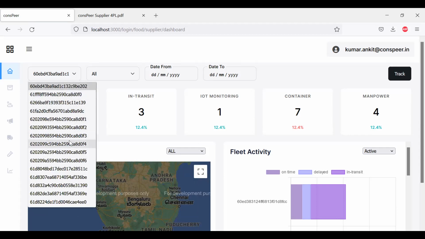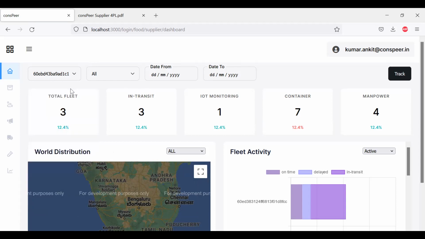They are either vehicles, IoT devices, containers, manpower, fleets. IDs are either fleet, IoT devices, containers, auditors, drivers. So how is it working? If I go by this one, all means whatever it has performed all throughout its arrival date, the date it arrived into warehousing.